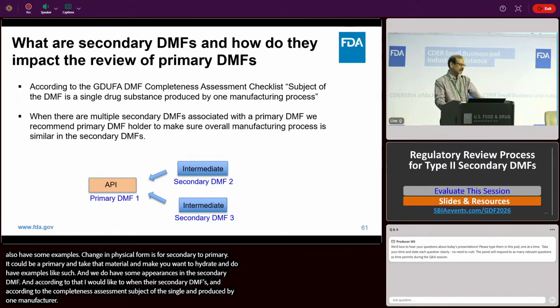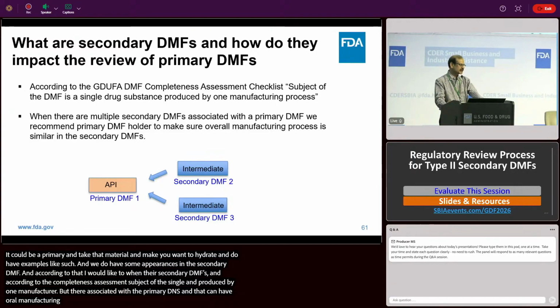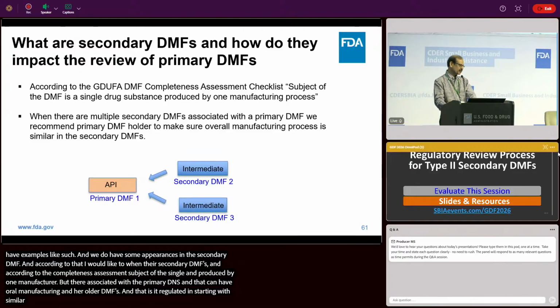So, when there are multiple secondary DMFs associated with a primary DMF, we recommend the primary DMF holder make sure the overall manufacturing process is similar in both DMFs. That is, the synthetic scheme and regulatory starting material should be similar in both secondary DMF2 and secondary DMF3 referred to in primary DMF1.